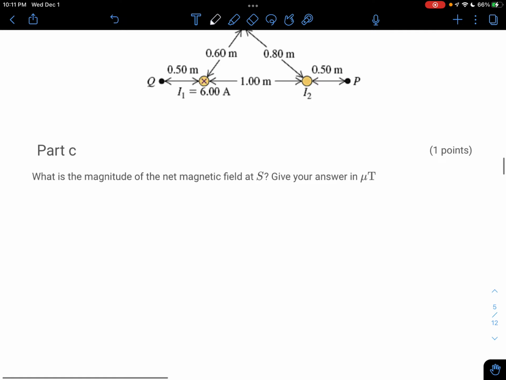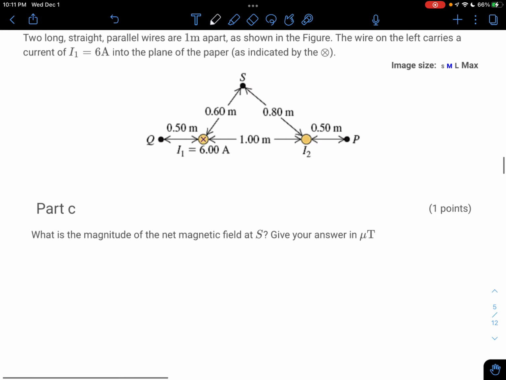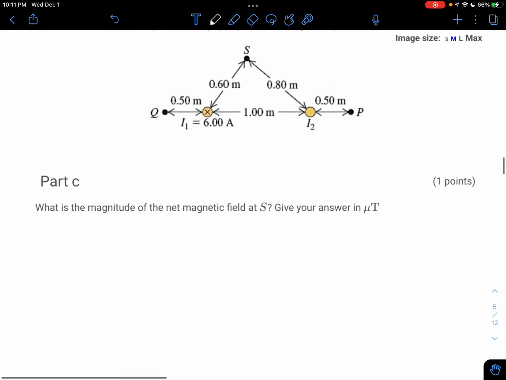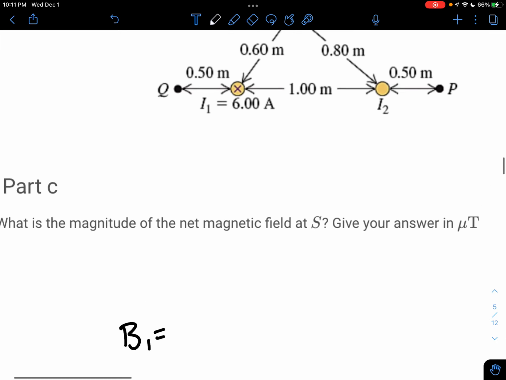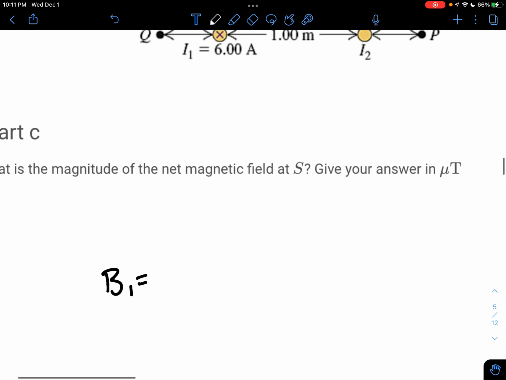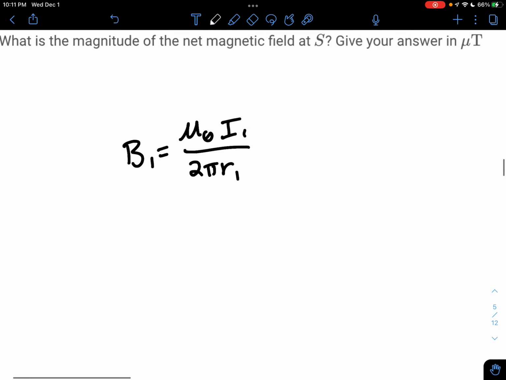So we're going to start by finding our magnitude from each of them. Our first wire, our magnitude of B1 is going to be, again, our mu naught I1 over 2 pi R1, sorry, too many 2's.